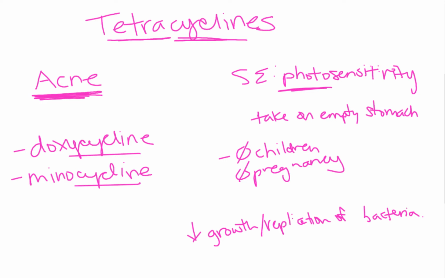So part of acne is bacteria on your face. And if you notice when you have a zit, you tend to break out in a certain area. And that's because that bacteria is spreading very directly next to itself. So it's going to decrease the growth and replication of bacteria. So if you remember acne, you can remember how acne spreads as you break out, so it's going to decrease that.